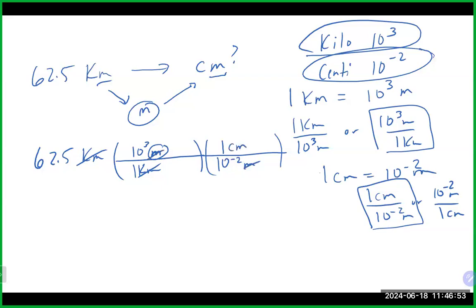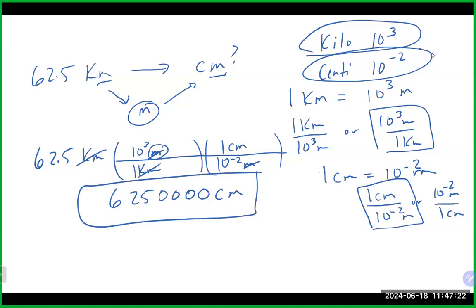Meters will cancel. When we're punching this into our calculators, that is 62.5 times 10 to the 3, or 1 times 10 to the 3. Again, use scientific notation properly. We're going to then hit equals and divide by 1 times 10 to the minus 2. That's going to give us something like 6,250,000 centimeters.